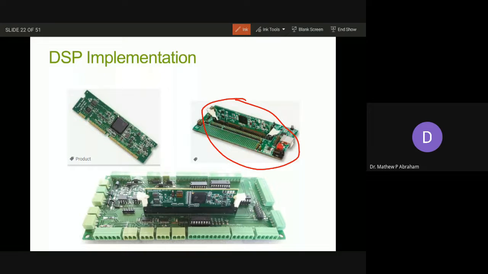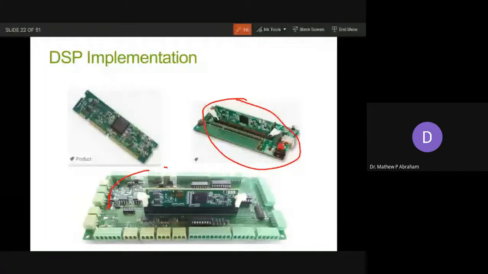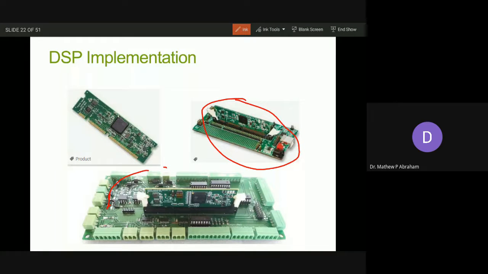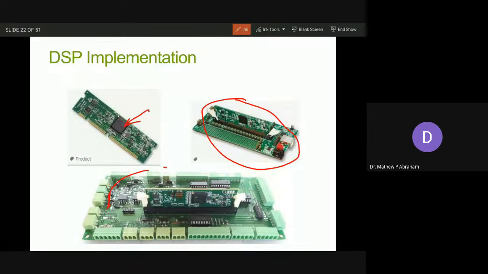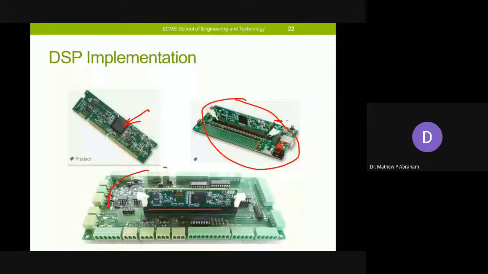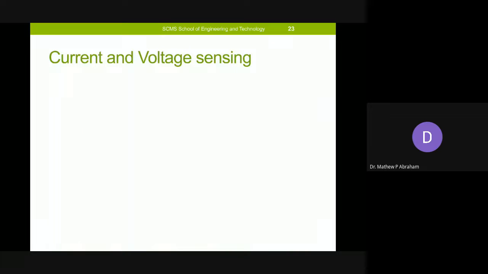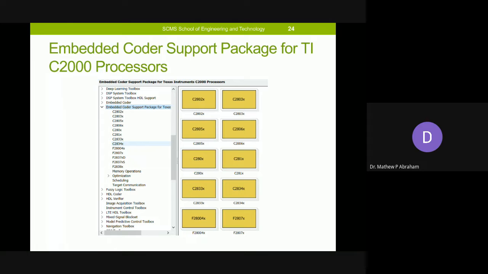But if you are going for a practical implementation, we need to create a control board like this. So that after programming, we have to download the program from our PC to this board. And after it is being done through this development board, after that, it can be inserted into our control board in the product. So current and voltage sensing we already discussed.